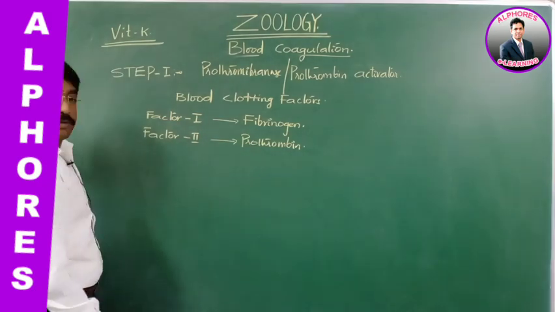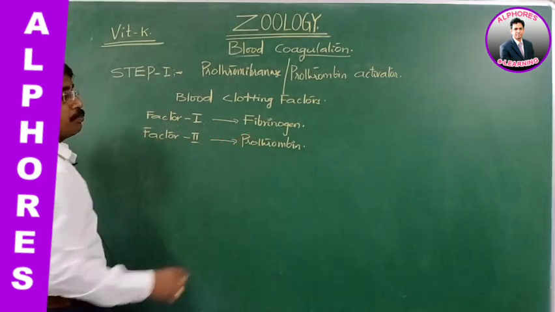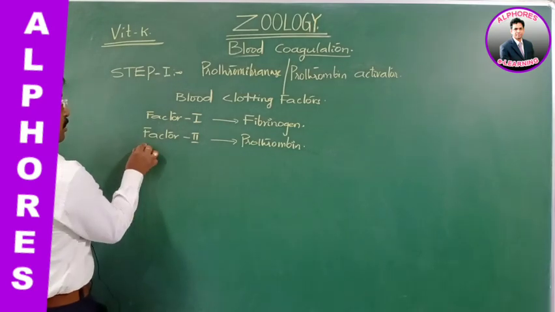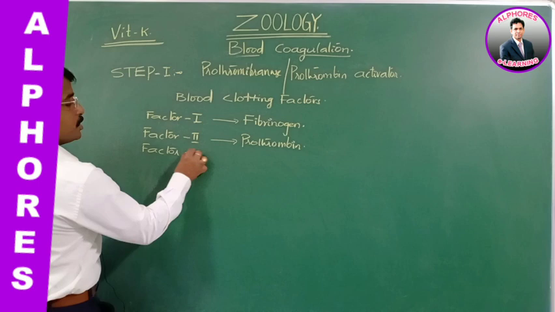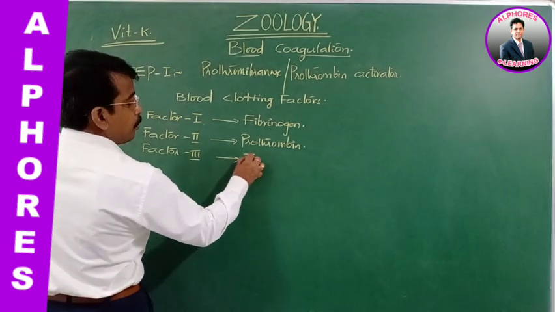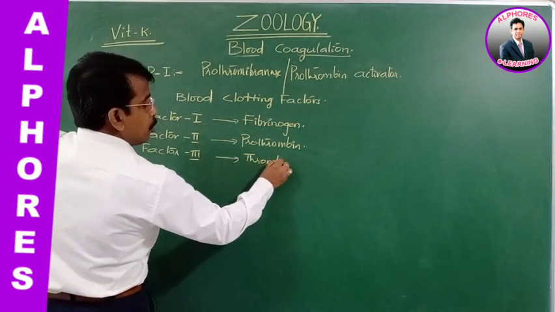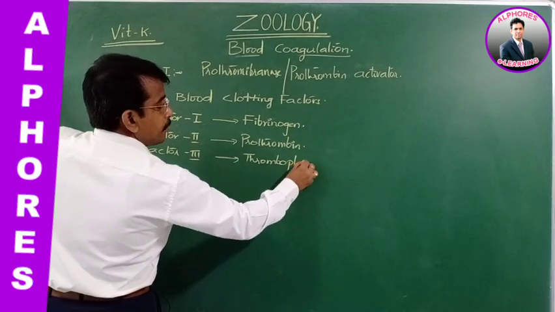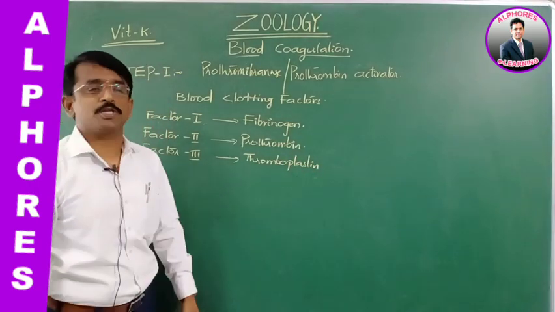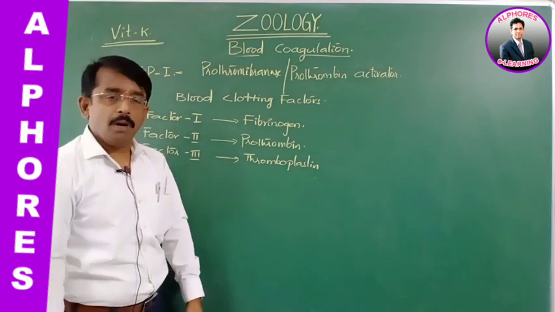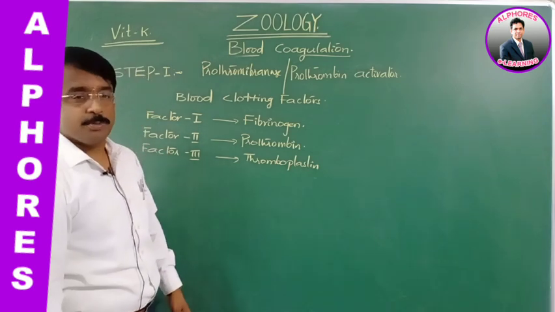Factor 1 fibrinogen, factor 2 prothrombin, and factor 3 is thromboplastin. Thromboplastins are of two types, tissue thromboplastin and plasma thromboplastin.